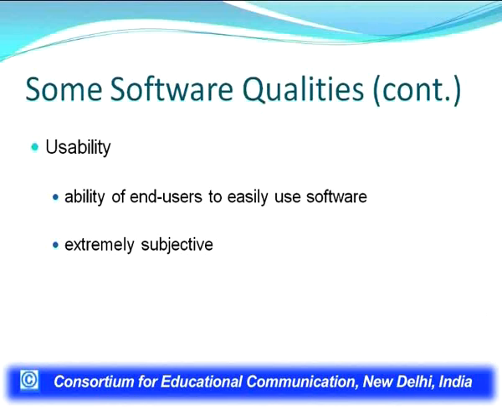These parameters are very important in the sense that if you have developed a very good software and it cannot be used properly by the end user, then technically that software is not doing the correct thing. It means the objective is not going to be fulfilled.